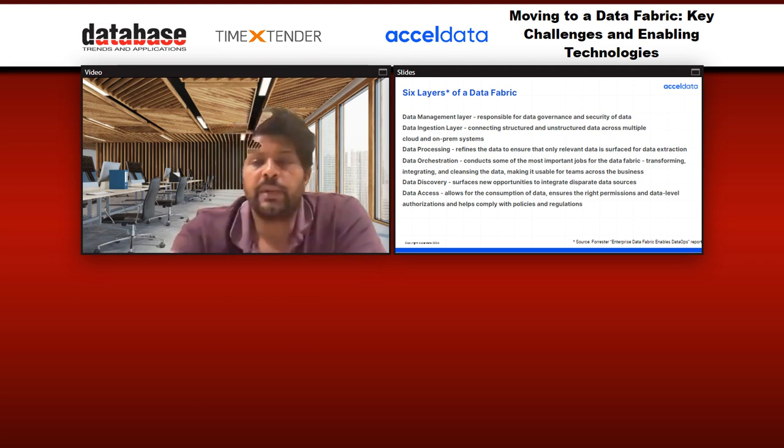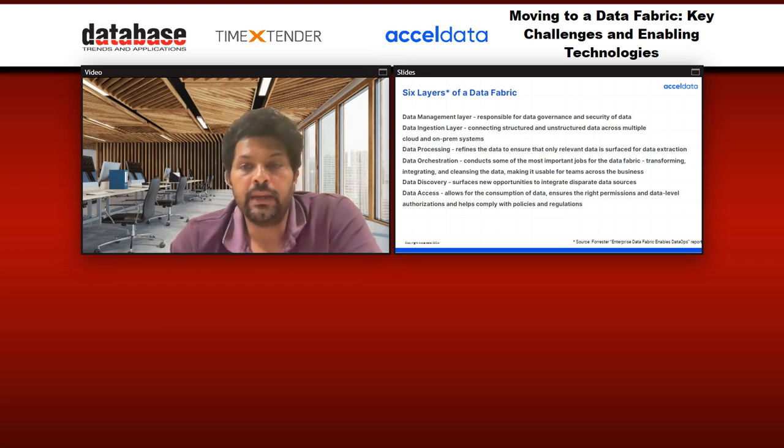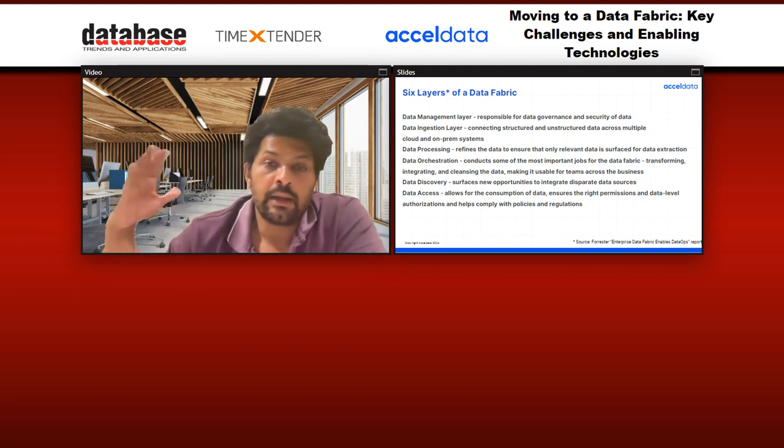You have a data management layer, a metadata layer, a data discovery layer, a data orchestration layer, a data transformation layer. Very similar to any other data endeavor, right? Nothing special about it. But the idea is that if you implement it in a certain architectural model, then you actually end up with a data fabric.